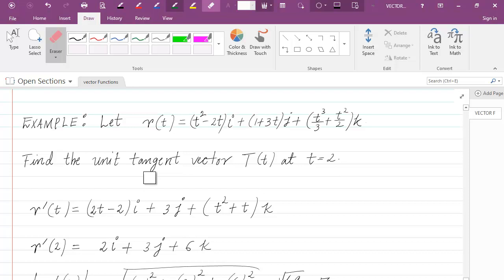So in order to find the unit tangent vector, remember, the unit tangent vector is a unit vector in the direction of the derivative vector.